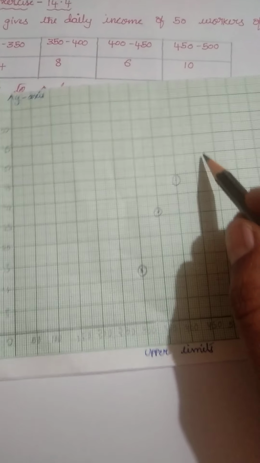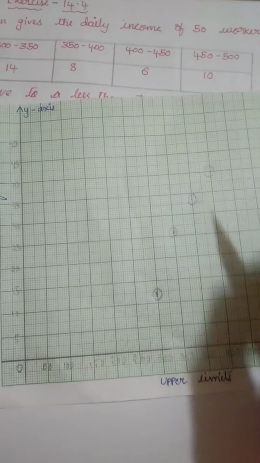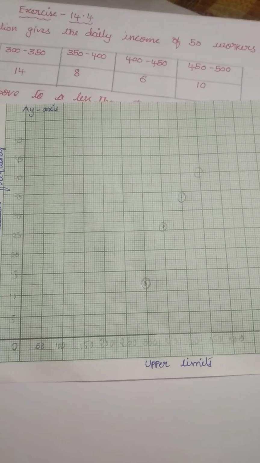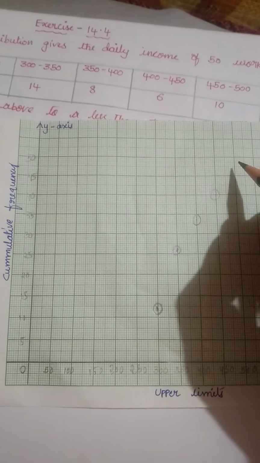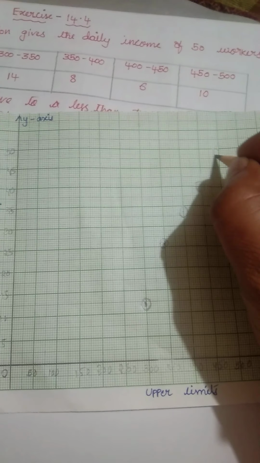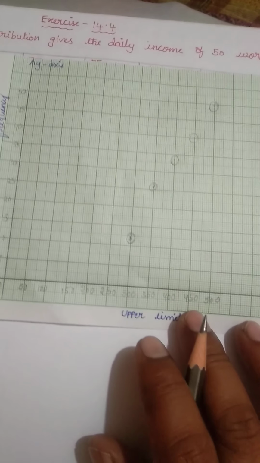Here is the 40. Next one is 500 comma 50. Here is our 500 and this is our 50, right? Now let us join these points.